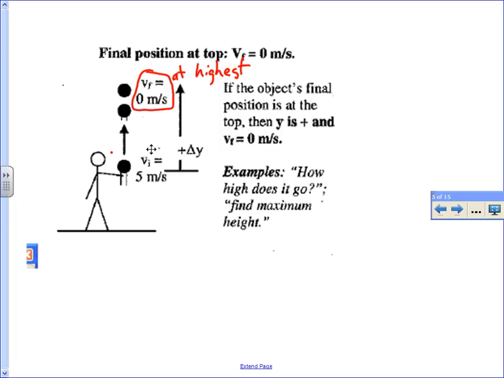So you take your throwing speed, whatever it is, as your initial speed, and your Vf being 0, to figure out how high it will go, and you can use delta y equals Vf squared minus Vi squared over 2 times a. So we can again use this same equation to figure out how high it will go.